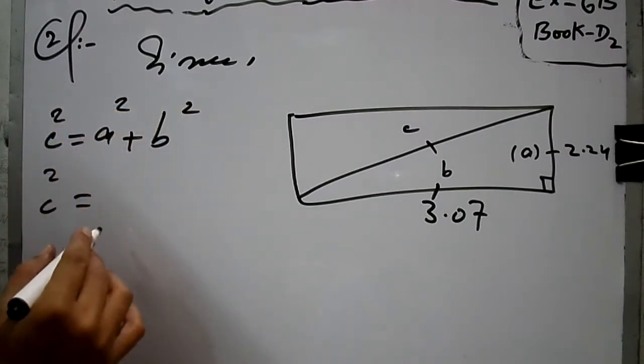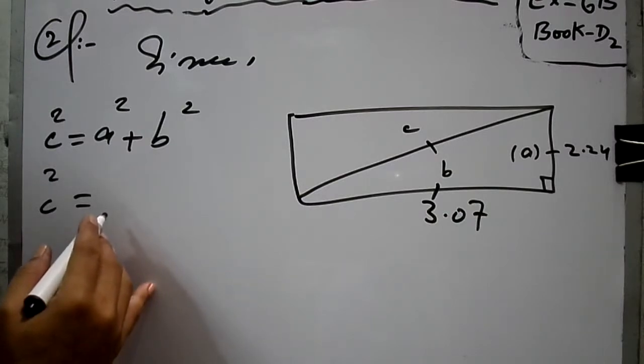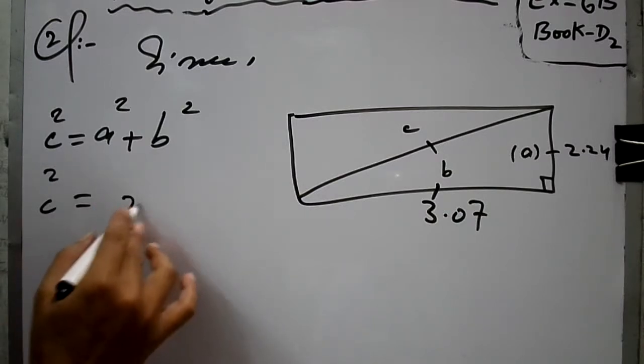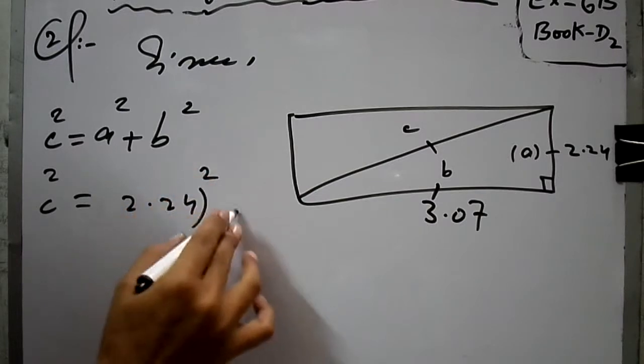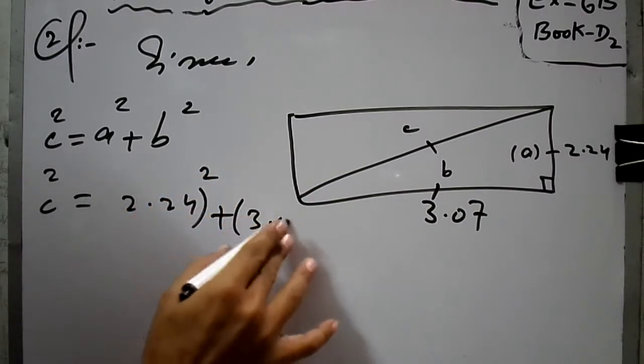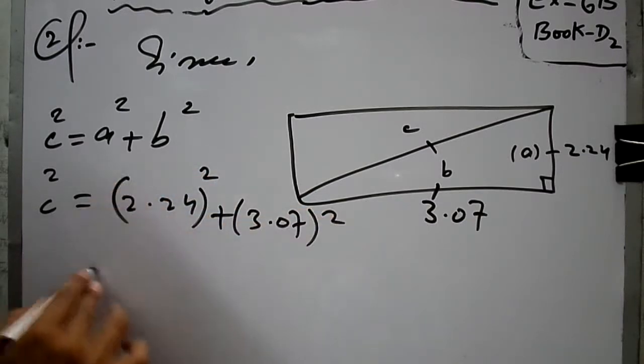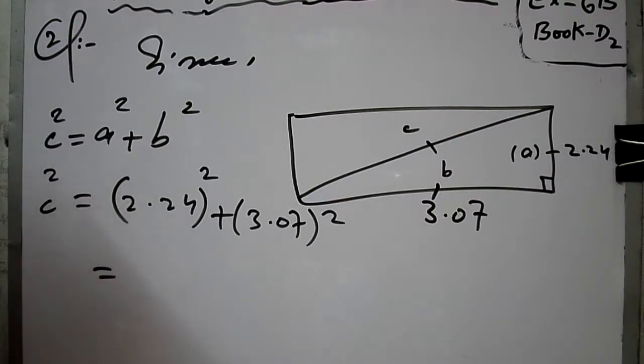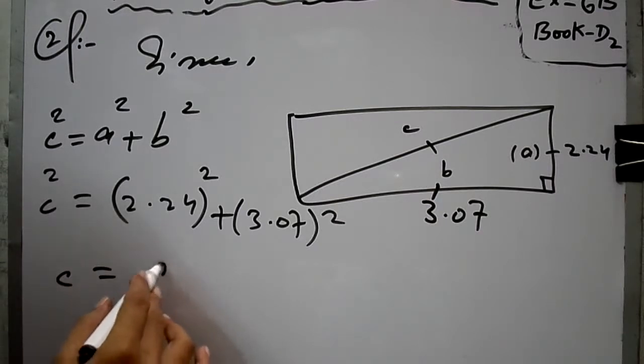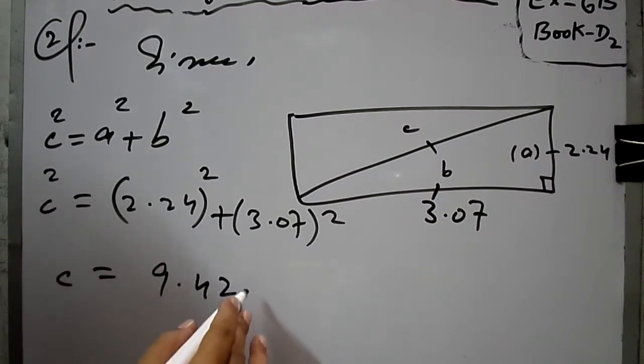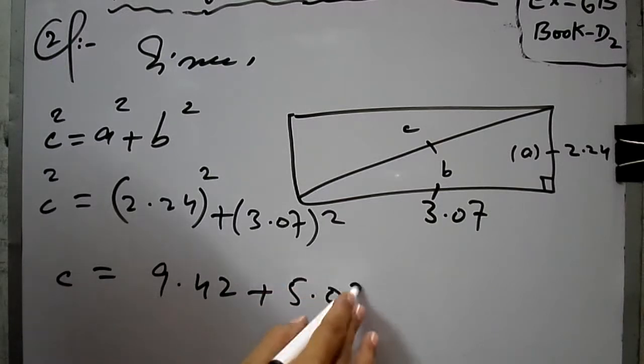So A square is 2.24, plus the value of B is 3.07 square. After simplification, you will get the value of C by removing the square sign, that is the square root of 2 plus 5.02.